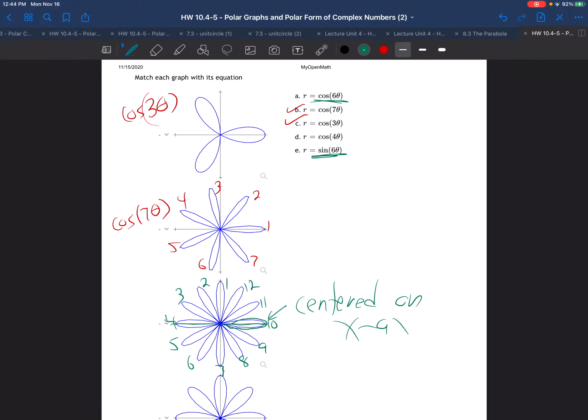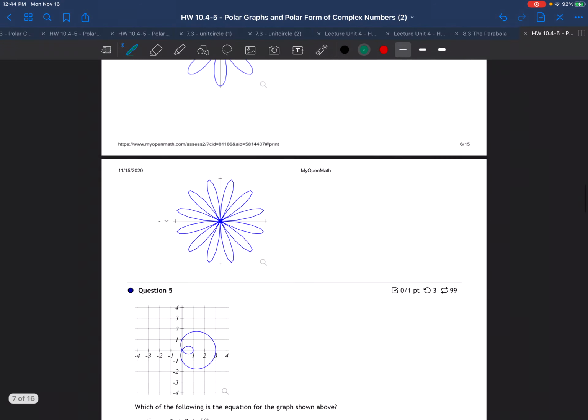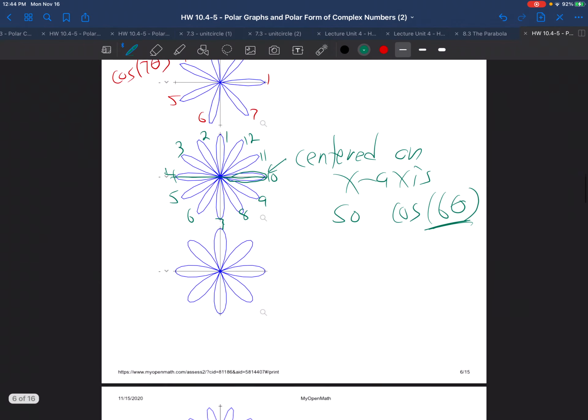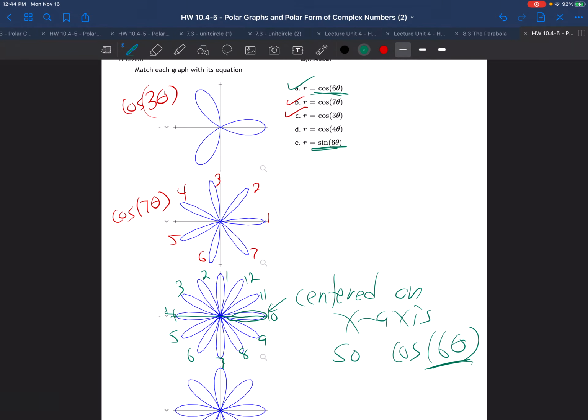Centered on the x-axis. So it's cosine of 6 theta. Remember, it doubles. 6 theta doubles for 12 leaves. It's cosine. That's what I was telling you down here in the notes. Cosine centers on the x-axis. So it's the cosine one. Check.